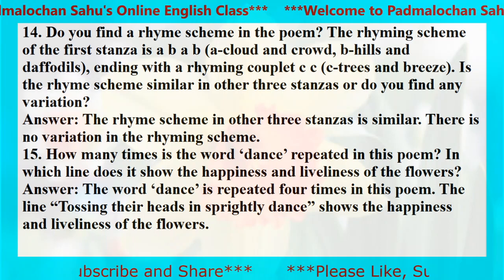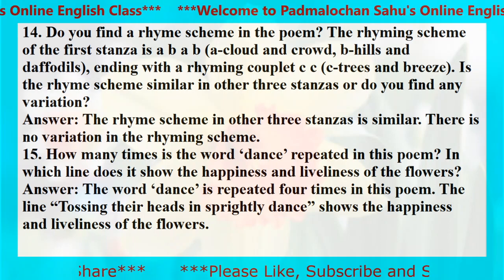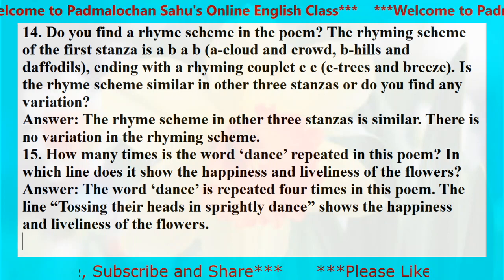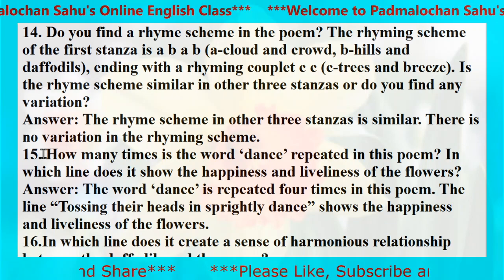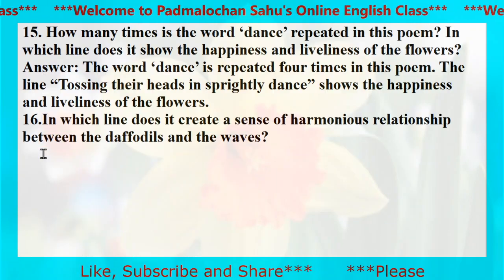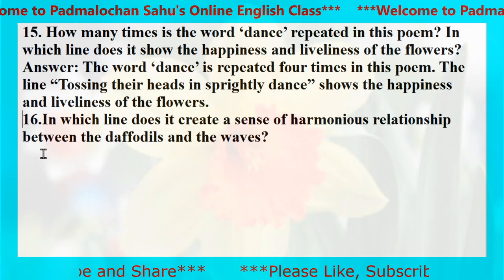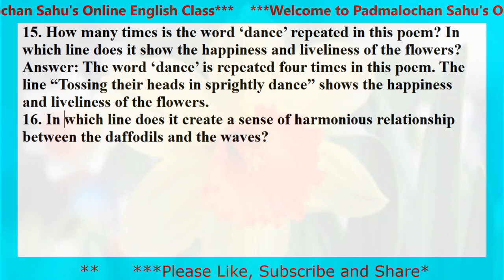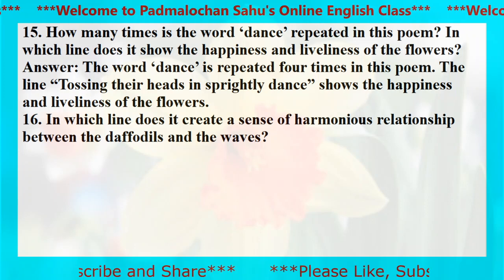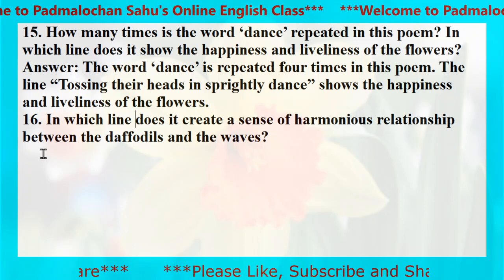So question number 16 is related to the previous question, question number 15. So what is question number 16? Here it is. Let me delete it so that you can see. In which line does it create a sense of harmonious relationship between the daffodils and the waves?